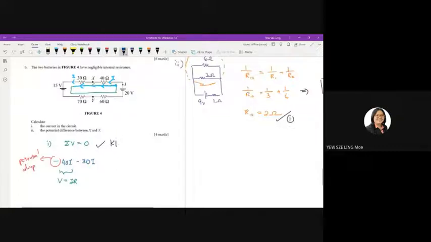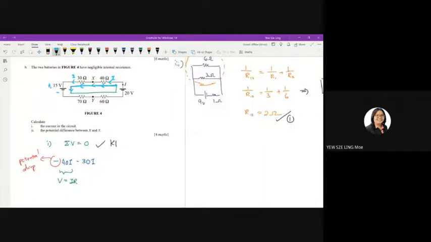Then as the charge keeps traveling, it passes through your 15-volt battery. If you look at the battery, the positive terminal is right here and the negative terminal is at the bottom. The direction of travel in the loop is against the direction of current flow.